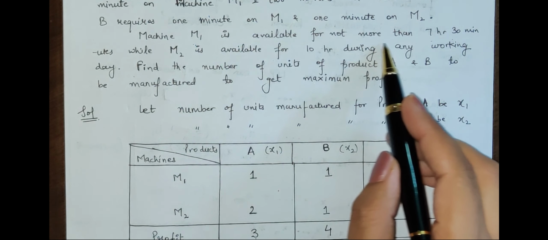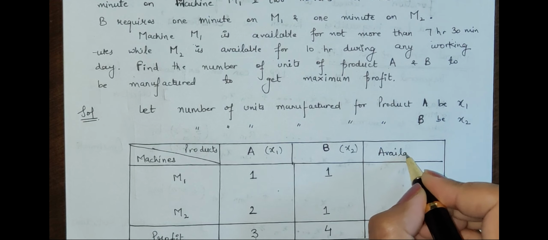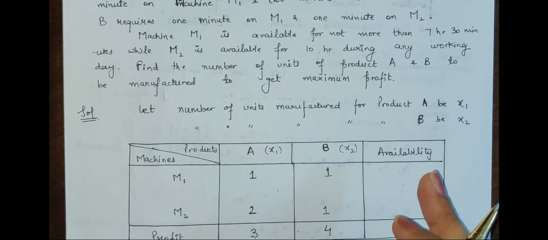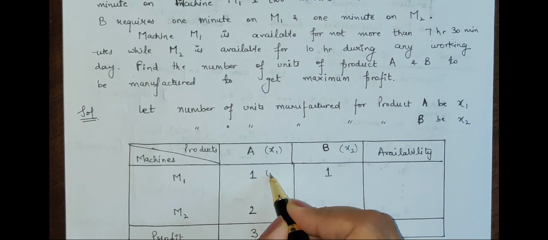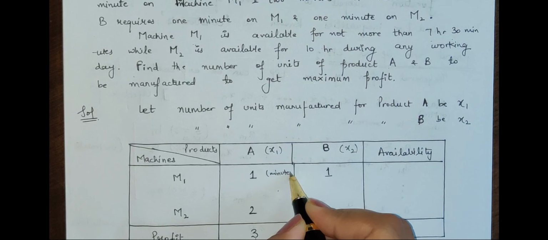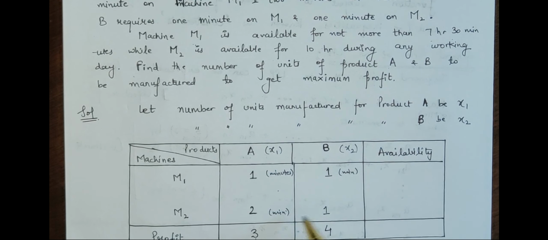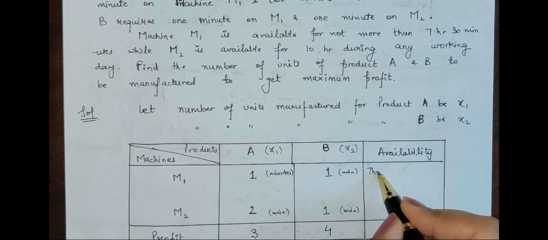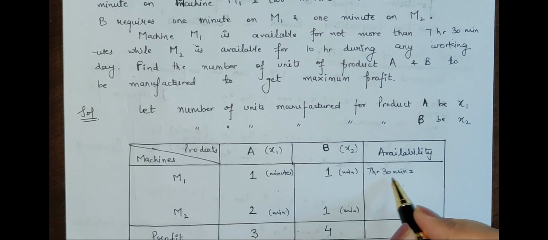Machine M1 is available for not more than 7 hours 30 minutes. So it means it is my total availability. Now we have to make a note. All these quantities were in minutes: 1 minute, again this is in minutes, and this is also in minutes. Since the availability is 7 hours 30 minutes, we have to convert this into minutes.